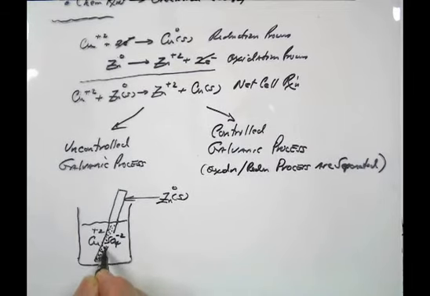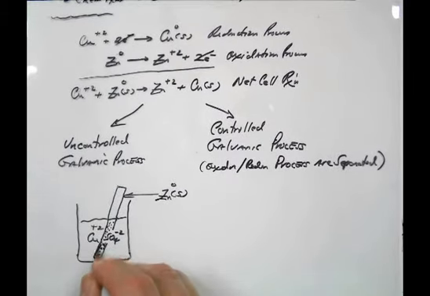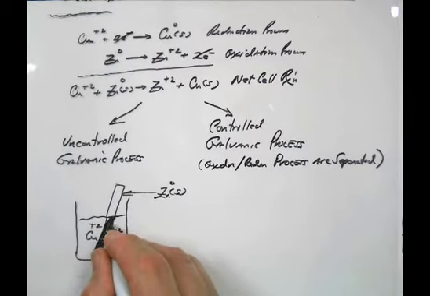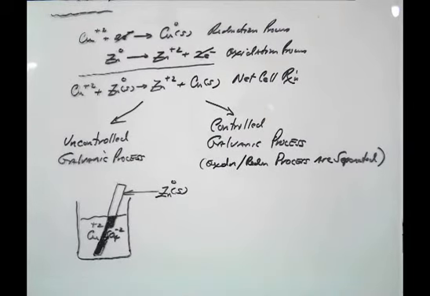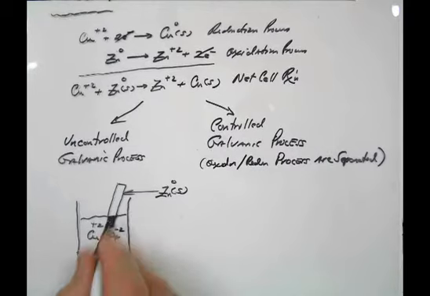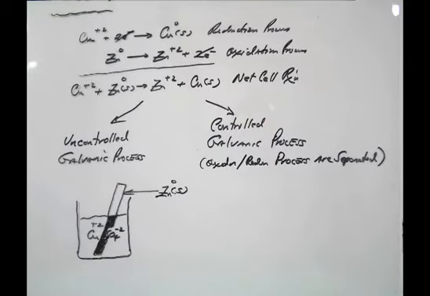And over time, there builds up such a layer of copper on this that it blocks access of copper ions to that surface. So when the copper coating reaches a certain point, it will stop the oxidation reduction process. This doesn't take long.